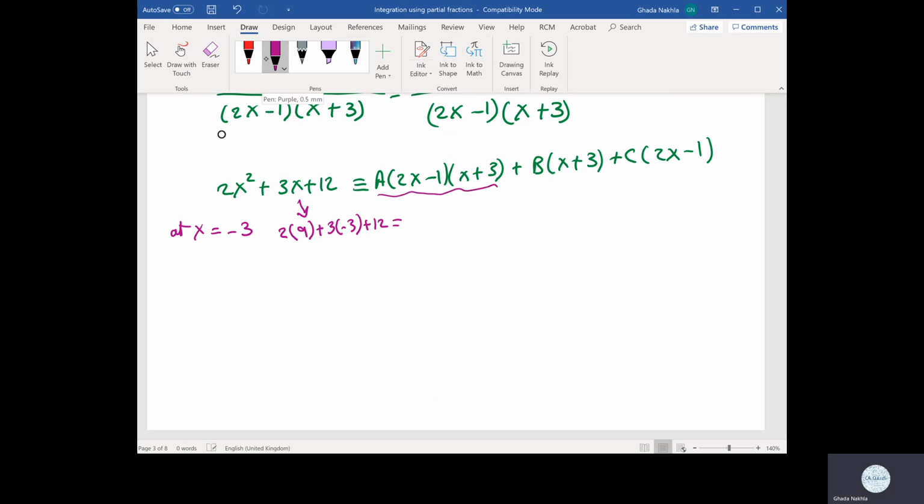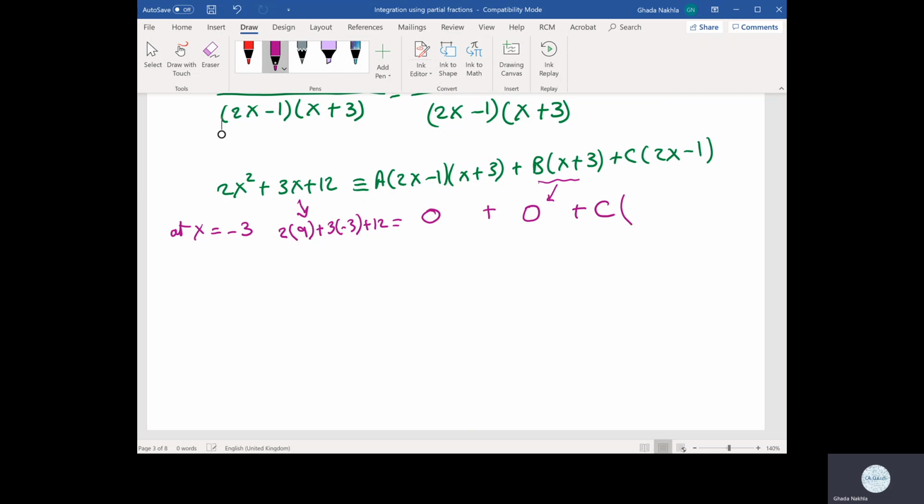This will become 0 because minus 3 plus 3 makes this bracket 0, multiplied by that will make it 0, multiplied by a will make it 0. So this whole term will become 0 when I substitute x as minus 3. Plus this term will also become 0 because I'm substituting x as minus 3. So I'm only left with the c term.